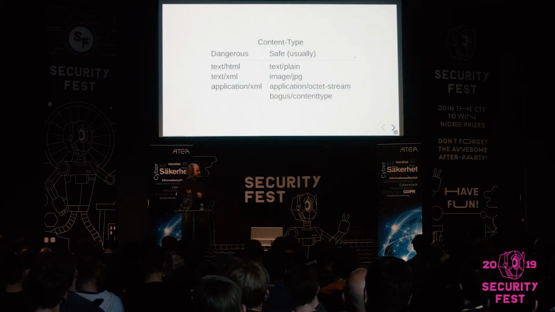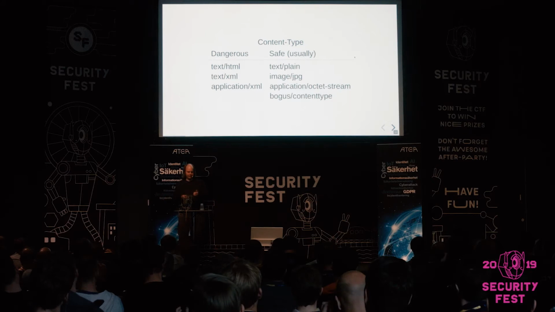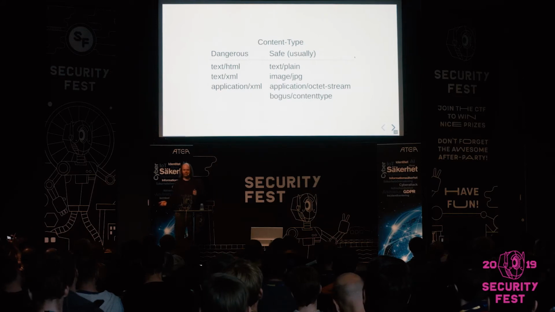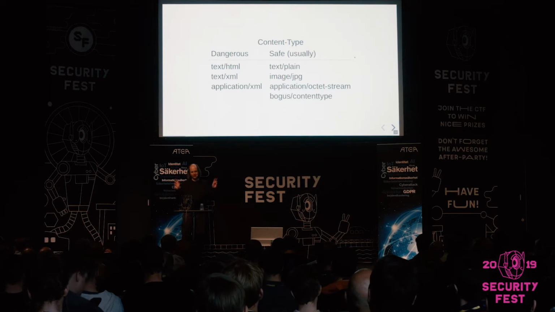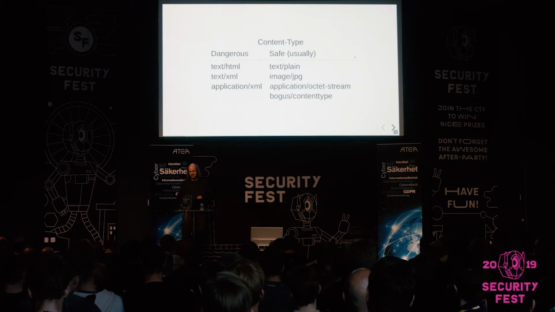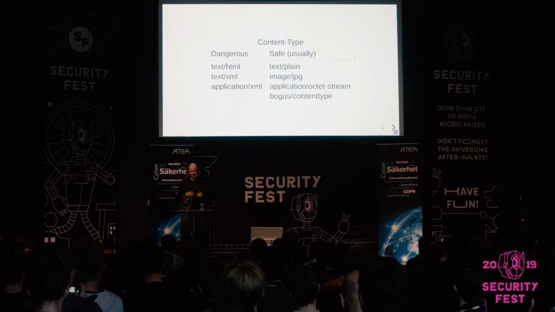If we look at this Content-Type header, the content types that can lead to cross-site scripting are text/html, text/xml, or application/xml. XML, because a while ago people had this idea that we should have strict XML for HTML. It didn't really succeed, but that means you can still render HTML within an XML document.